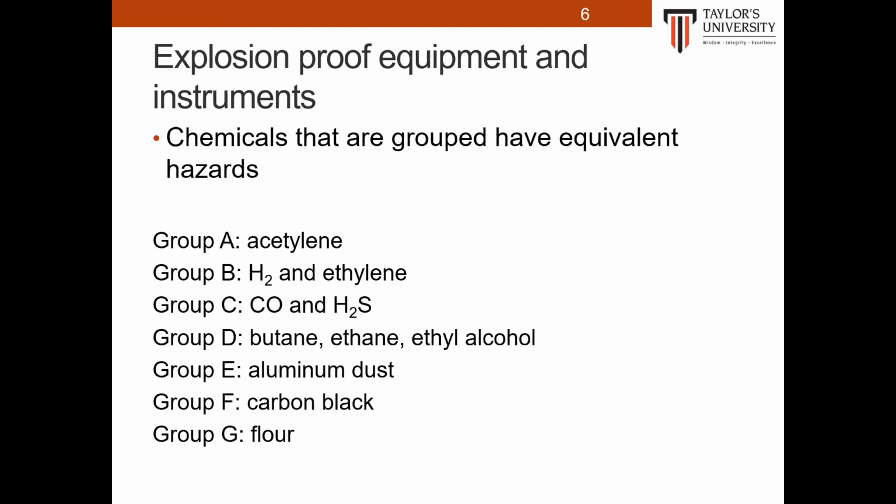When it comes to designing for explosion-proof areas, all pieces of electrical equipment and instrumentation are specified for the class, the groups, and the divisions as discussed earlier. So all pieces of this equipment and instrumentation within the area must be appropriately specified and installed.